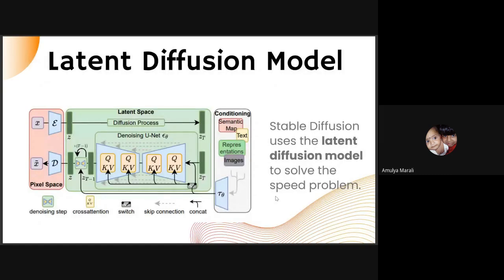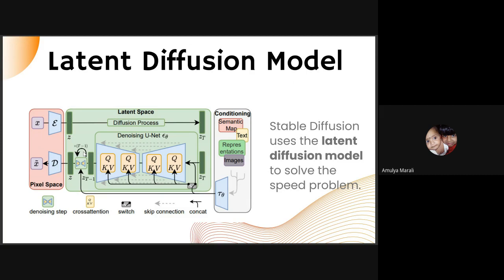This is a very famous image that we would have seen in so many research papers, and it's the algorithm behind stable diffusion. Stable diffusion makes use of the latent diffusion model in order to solve the speed problem that we face, because of the enormous space that an image takes and the lack of computational power.